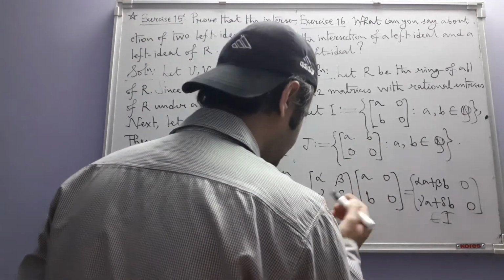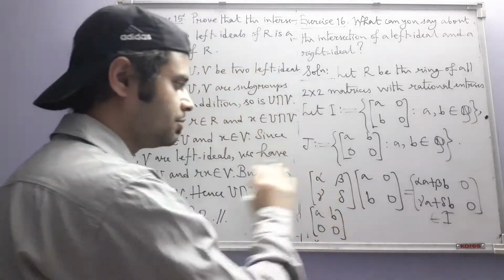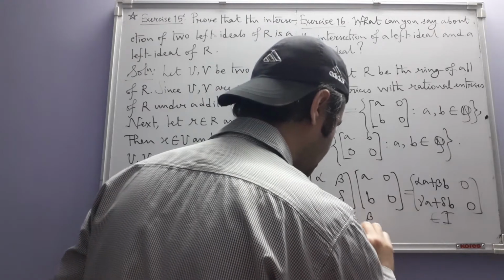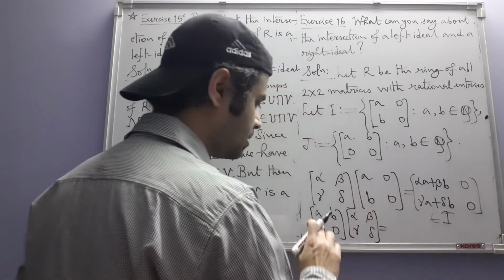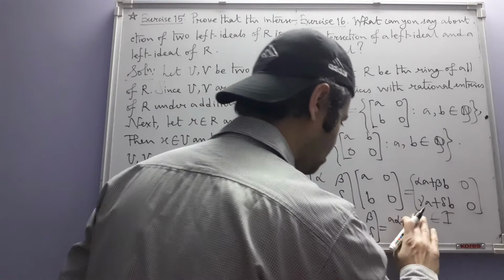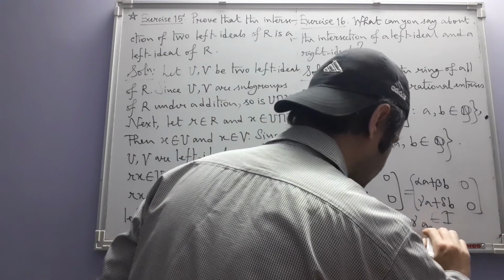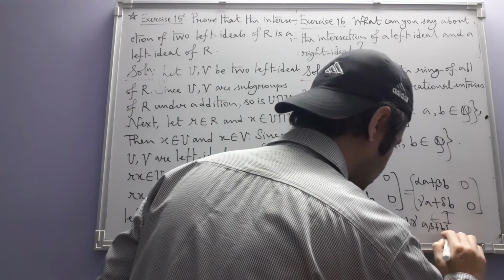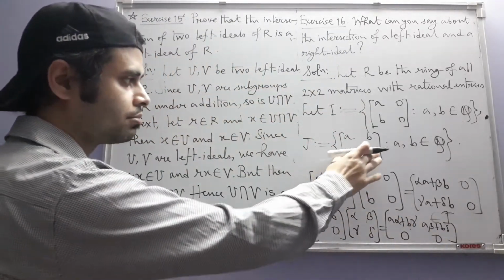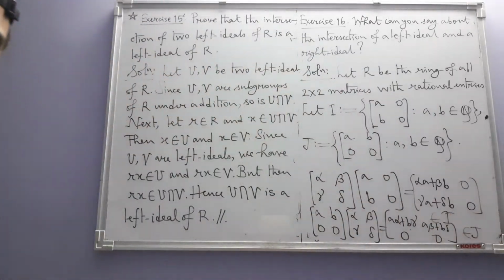Similarly, let us just see that one also. Multiply an arbitrary element of J by an arbitrary element of the ring, but from the right hand side now. So this gives us A alpha plus B gamma, A beta plus B delta, and then these two will be 0. So this again has the form for it to be in J. So this belongs to J. So I is a left ideal and J is a right ideal.